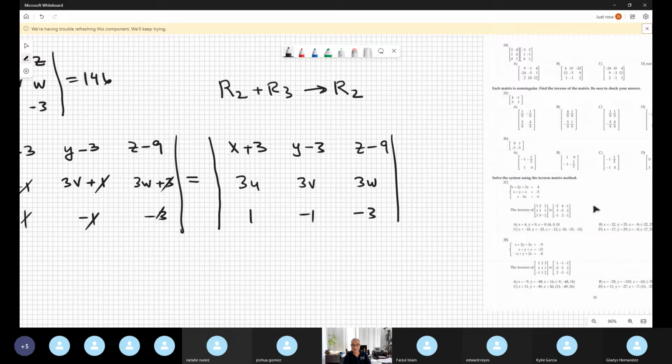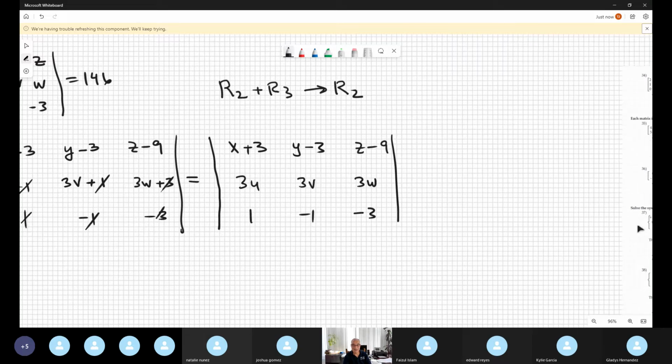Another property is: when you multiply any row or any column by a number, the value of the determinant is also multiplied by this number. So these 3, 3, and 3 I saw here, you factor out. You put outside like a common factor.